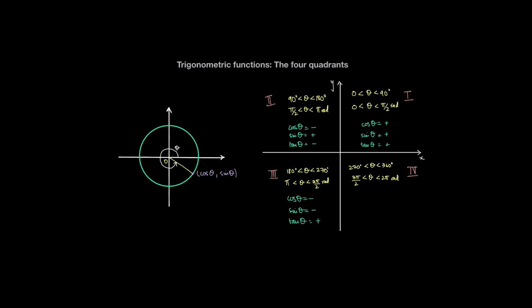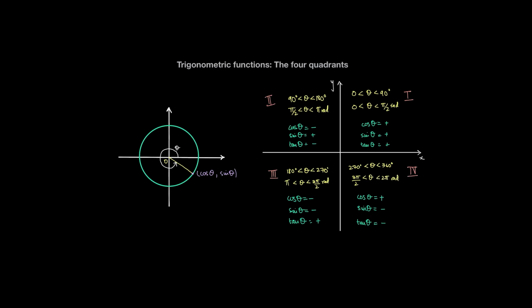Therefore the tan of theta, the sine of theta divided by the cosine of theta, a negative number divided by a positive number, takes on a negative value when theta is in the fourth quadrant.